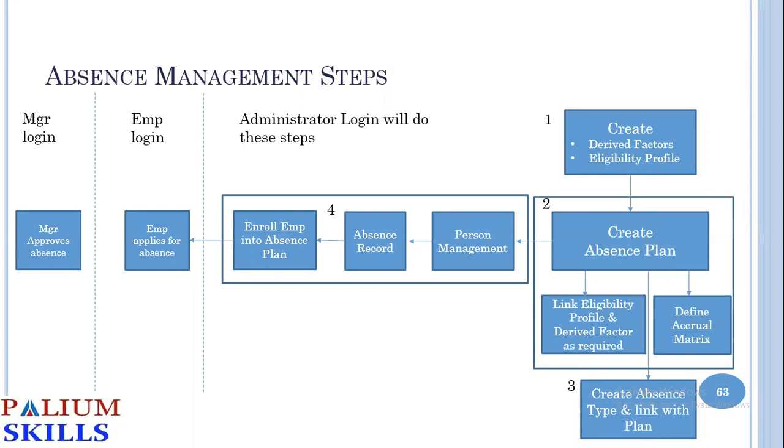But when you are applying for an absence, you actually enroll for a type. So in the drop down, remember, there was SP vacation type. But we enroll the person into the plan because type is more like the transaction. So the transactions are done by type. The plan is for enrollment.